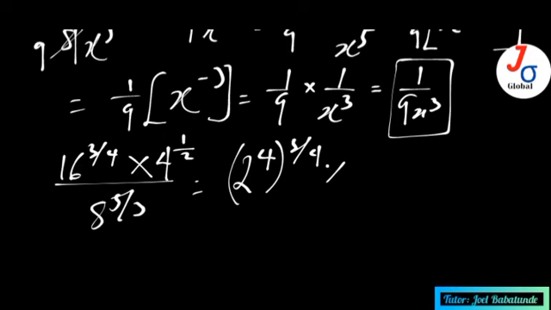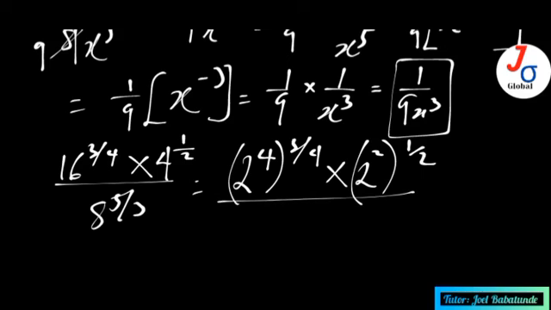Then multiplied by 2 raised to the power 2, which is actually 4, then raised to the power of half. Then divided by 8. 2 raised to the power 3 is actually 8. 2 times 2, 4, 4 times 2, 8. Then raised to the power of 5 over 3.